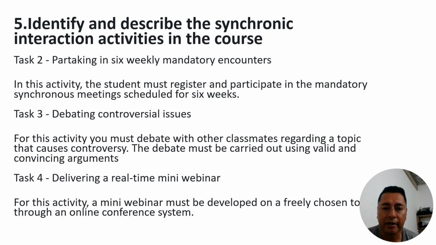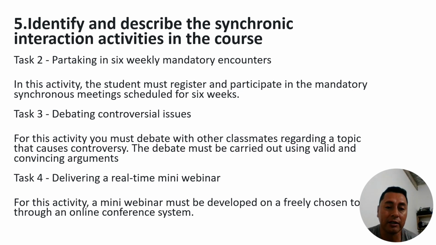Identify and describe the synchronous interaction activities in the course. The synchronous activities in the course are Task 2, partaking in 6 weekly mandatory encounters. In this activity, the student must register and participate in the mandatory synchronous meetings scheduled for 6 weeks.